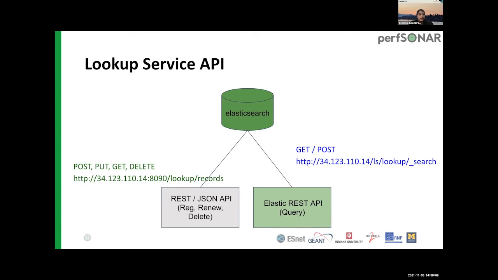Typically, this is handled by the ls registration daemon, and the information can be retrieved using the query API. The traditional Lookup Service API has been running on port 8090, and you can use the standard HTTP post, put, get, delete methods. We have a Lookup Service client, but these would work with any standard HTTP clients as well.